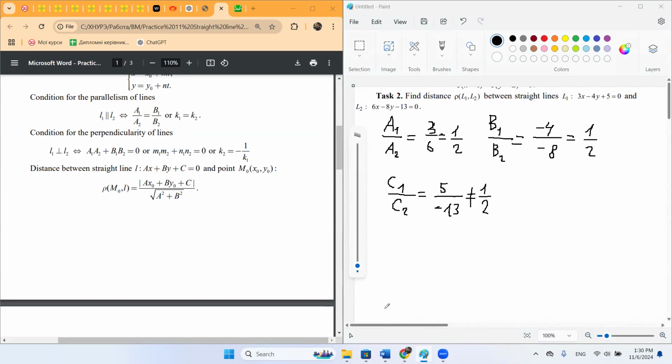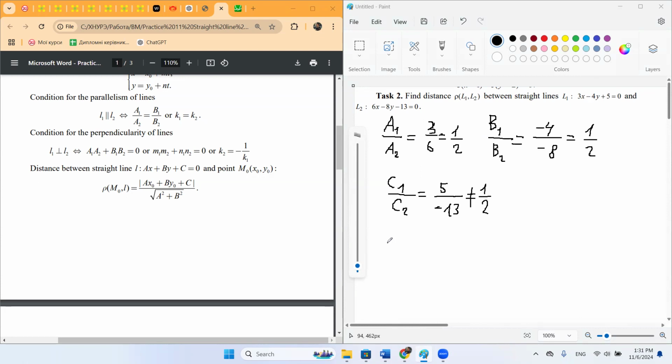Okay, so we know how to find the distance between a straight line and a point. And we need to find a point that belongs to any of these lines, either L1 or L2. And then we find the distance between this point and the other line. So which line do you want to take, and the coordinates of the point?